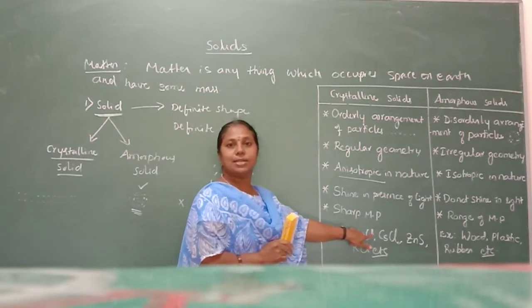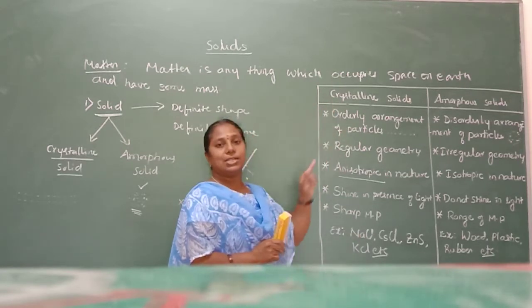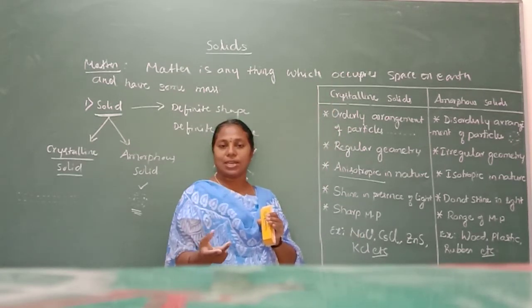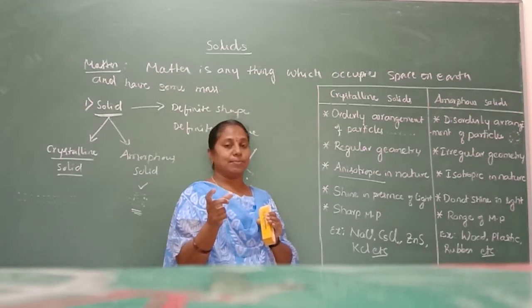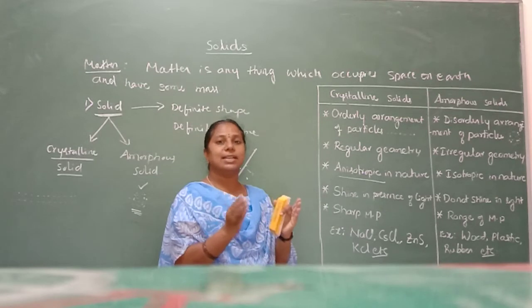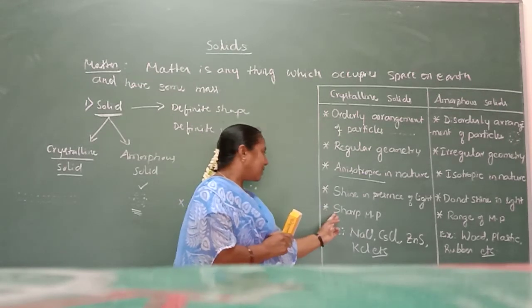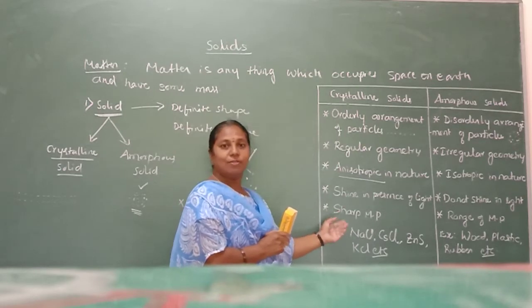What is the meaning of that? Sharp melting point means these crystalline solids will undergo liquefaction suddenly. That means the solid is converted to liquid suddenly, in a fraction of seconds.